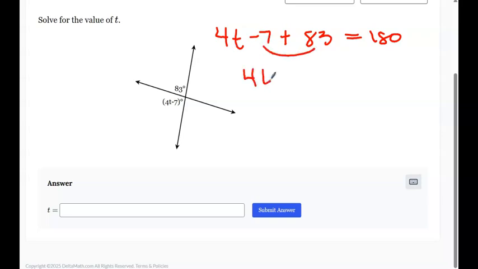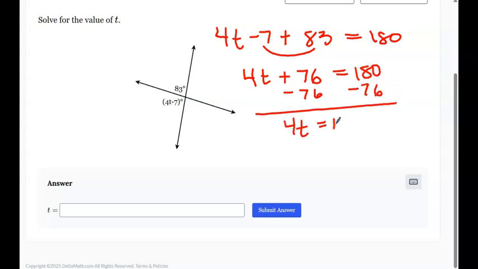So the 4t will remain the same, but a negative 7 plus 83 is positive 76. Now I'm going to subtract 76 from both sides, giving me 4t is equal to 104. Divide both sides by 4 and use a calculator if I need to. So that means that the value of t is 26.